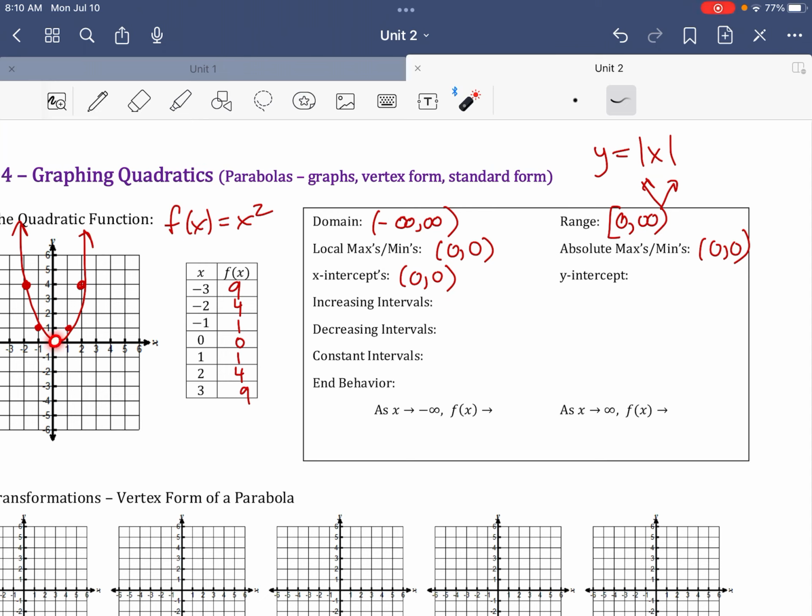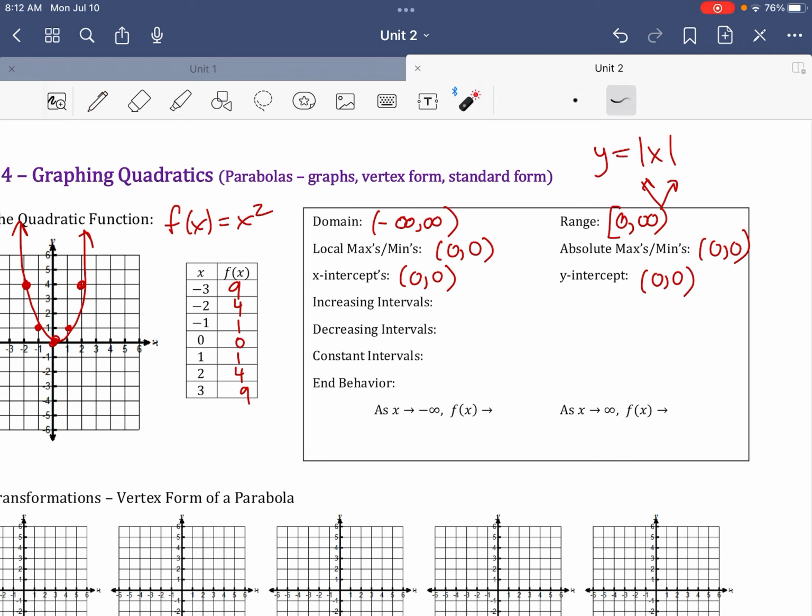It can touch the x-axis 1 time, so that's called a double root. It can pass through twice, and so you have 2 separate x-intercepts. Or your parabola might be positioned in such a way where, like, let's say it's down here, and then it's never going to cross the x-axis. So then it has no real solutions, no real x-intercepts. All right. Y-intercept is also 0, 0 for right now.